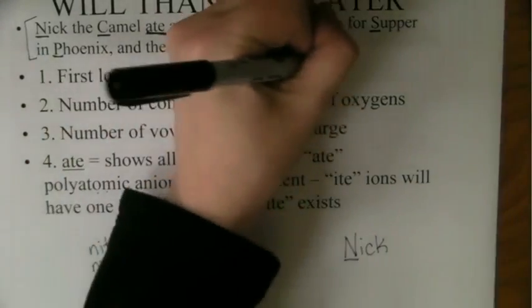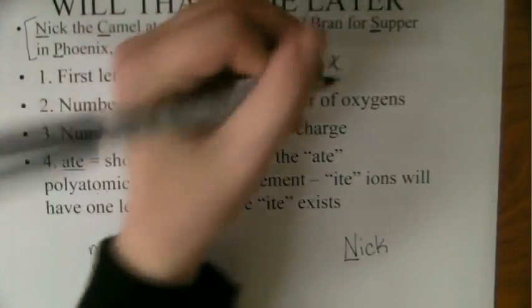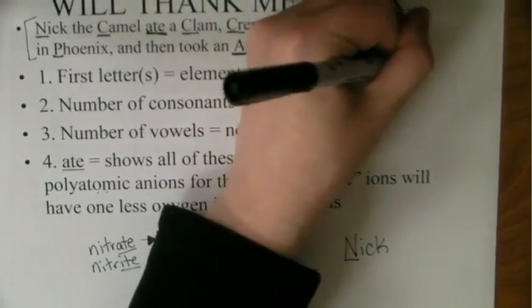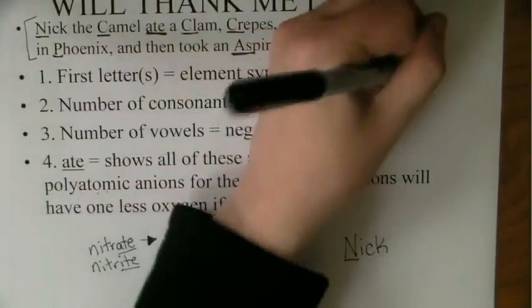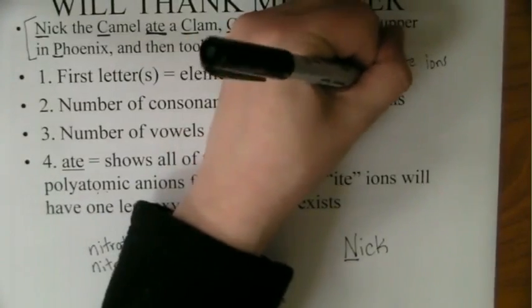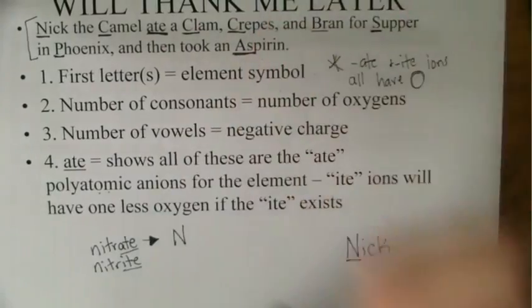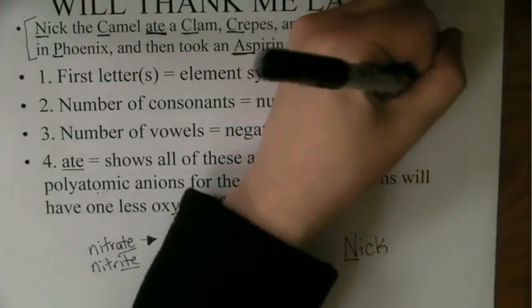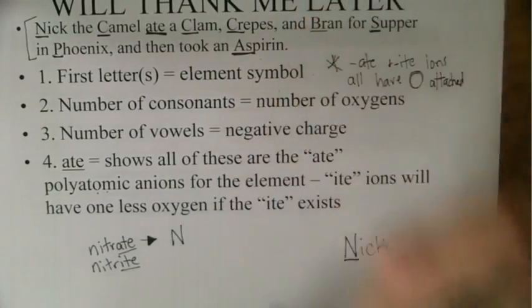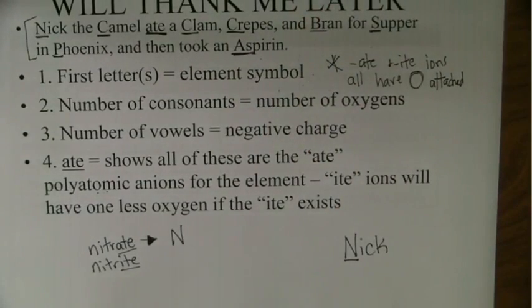You might want to make a note of that somewhere: -ate and -ite ions all have oxygen, I just made an O to save room, attached. So the tricky part is figuring out how many oxygen are attached to each one. That's where this sentence comes in.